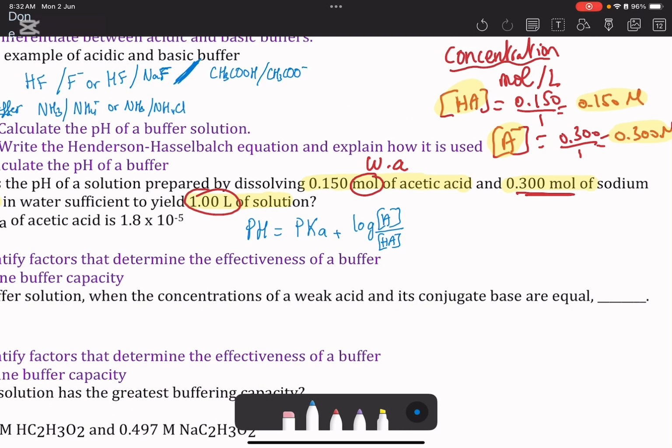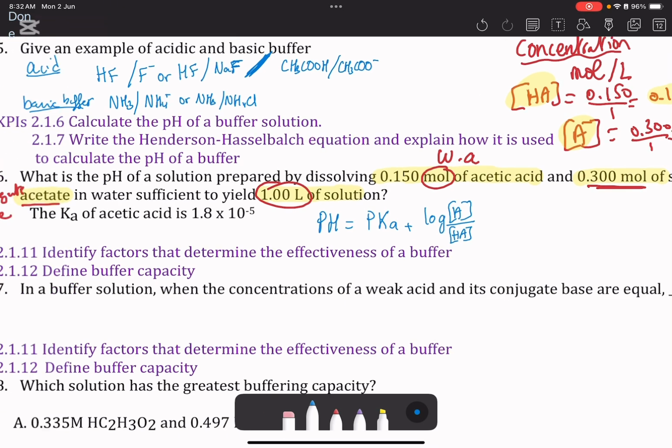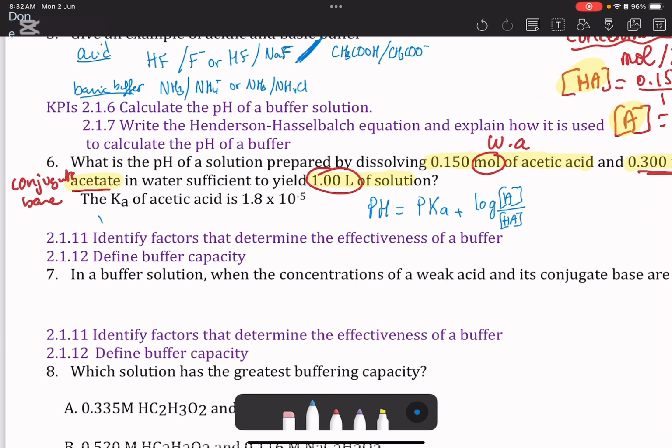Note here that we need to use the pKa, but again, in the formula sheet you have how to get the pKa from the Ka. I'll just put the formula in its easy way: pKa equals minus log Ka.